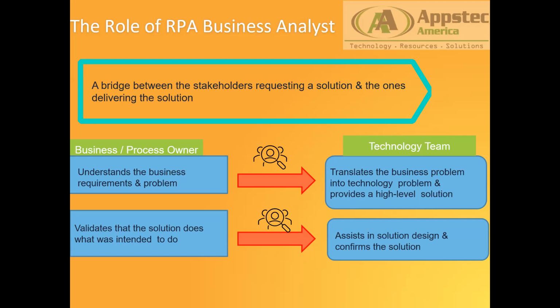They would then come back and discuss the problem statement or business requirements with the technology team to understand the technical feasibility, get a high level idea of how long it would take, and what sort of complexity the project involves.